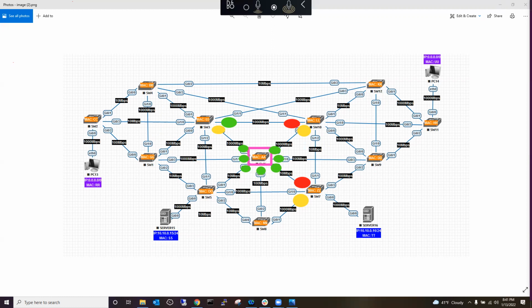Then that wouldn't be an optimal path for the PDU to travel, and to prevent a redundant link. So usually you want to choose the best path with the lowest cost. Gotcha.